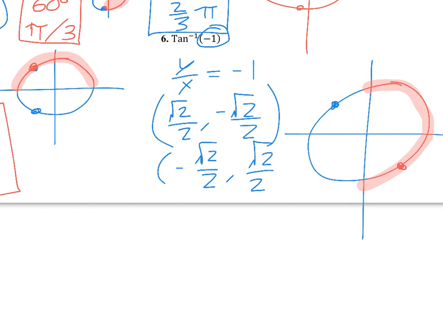So the angle there would be 315 degrees. But again, we want our answer between -90 and positive 90. So the coterminal angle there would be negative 45 degrees. And in radians, that would be negative pi over 4.